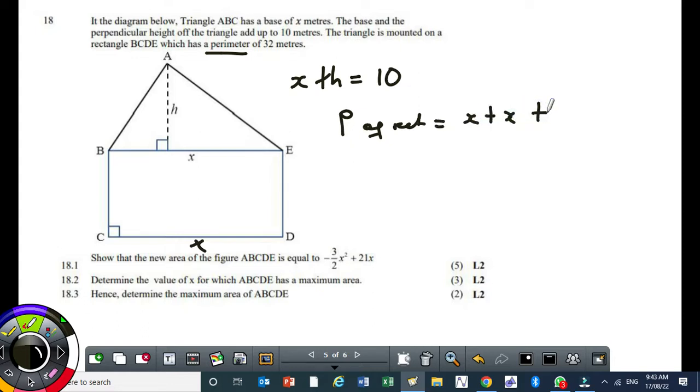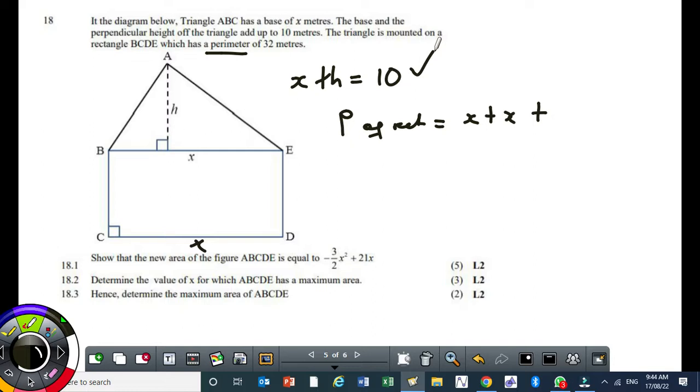Now, the length DE, do we know it? No. But if you read the question, it says the triangle has a base of x meters, and the base and the height add up to 10 meters. The triangle is mounted on a rectangle. So we can use that equation and incorporate it into the perimeter.